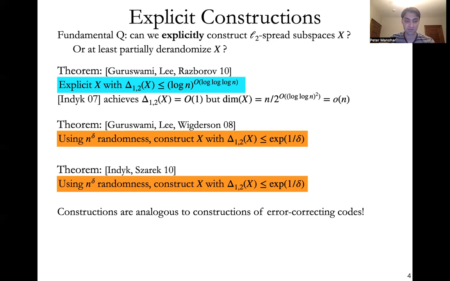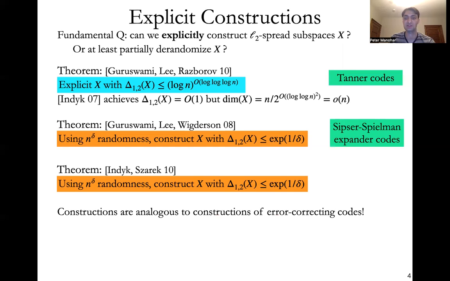And one way to make this more concrete is to just observe that these constructions really are coming from constructions of error-correcting codes. So the GLR work is coming from a Tanner code-like construction. The GLW construction is using essentially Sipser-Spielman expander codes, and the Indyk-Zark construction is using tensor product codes.